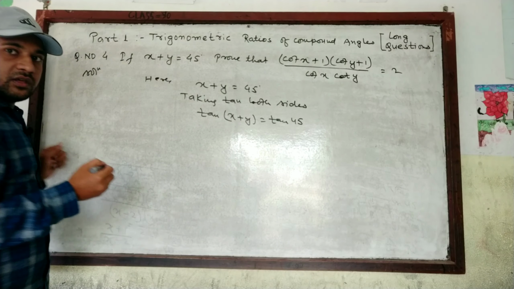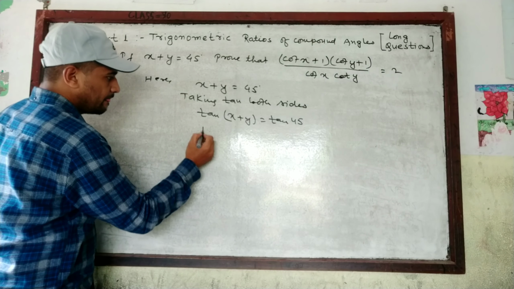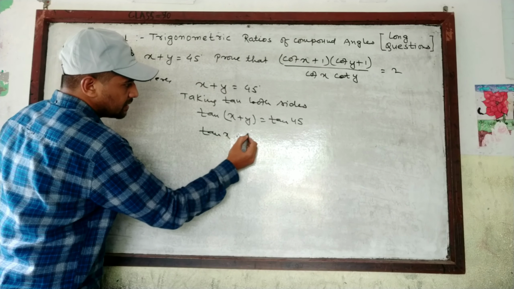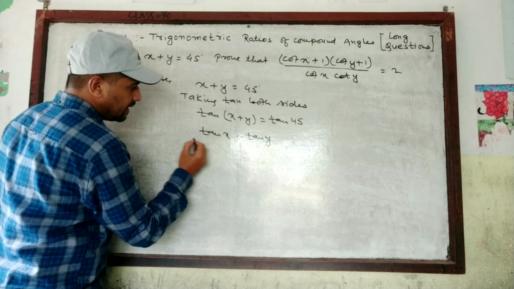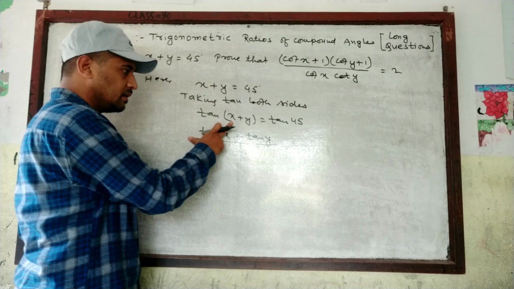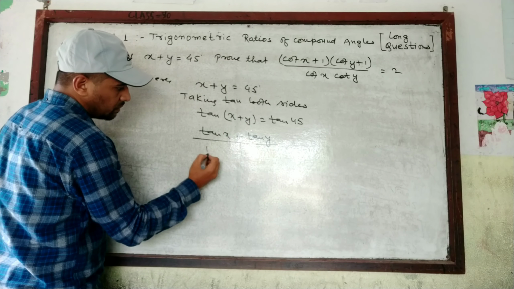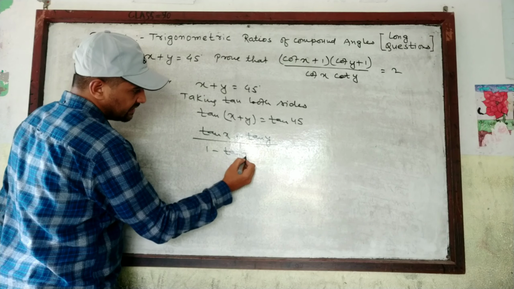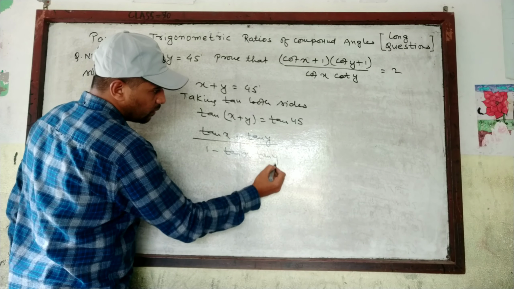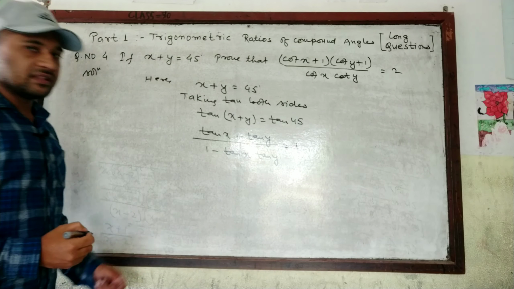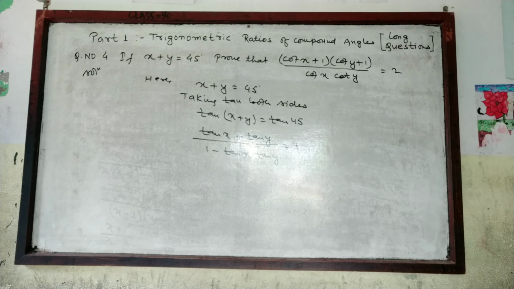Tan x plus y, use the formula of tan a plus b: tan a plus tan b by 1 minus tan a tan b. In place of a, x, in place of b, y, so (tan x plus tan y) by (1 minus tan x tan y) is equal to 1. After this we have to cross multiply.